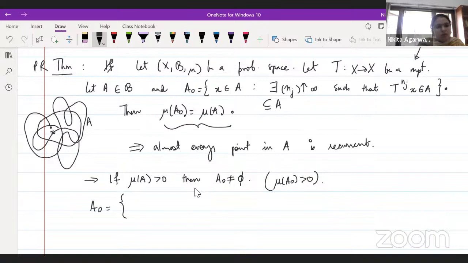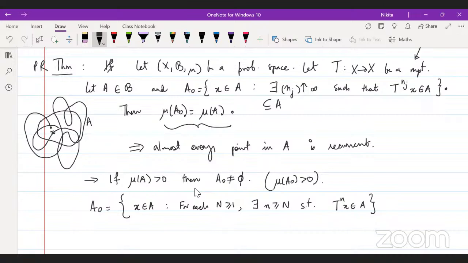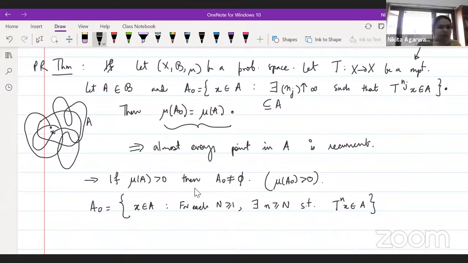So A naught can also be written in this way, that all those X in A such that for each capital N greater than or equal to 1, there exists small n greater than or equal to N such that T^n X belongs to A. So by this, you can actually write A naught as a union of sets.